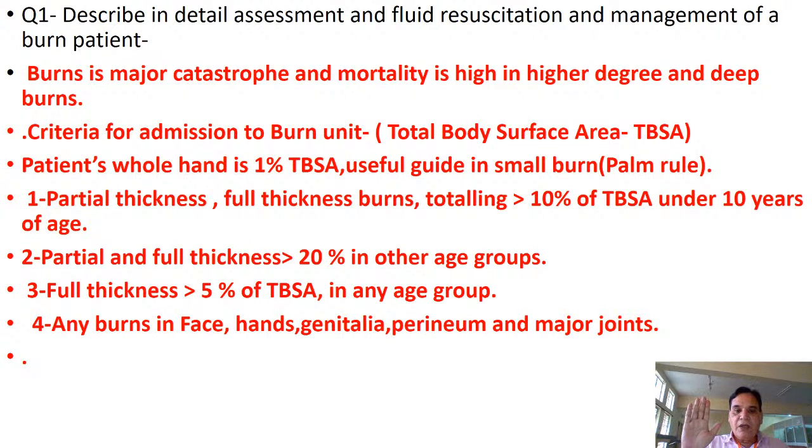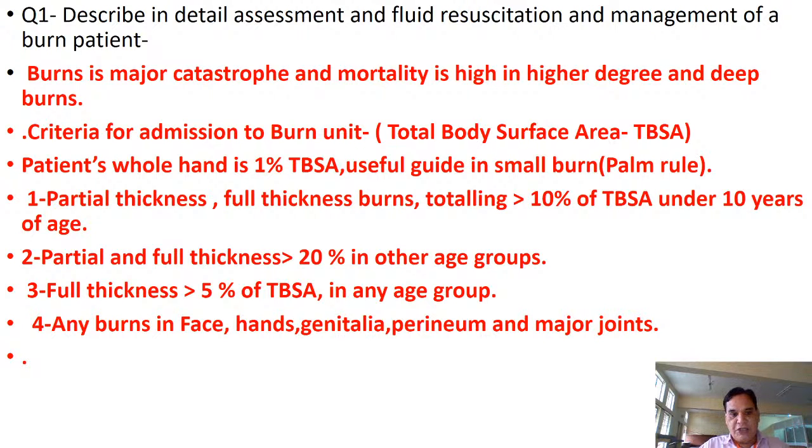Whenever we use the word TBSA, please understand this contains superficial burns, deep burns and partial thickness burns, otherwise we will be specifying. So 10% of partial thickness and full thickness burns, totaling 10% of TBSA. Superficial burns we are not including.